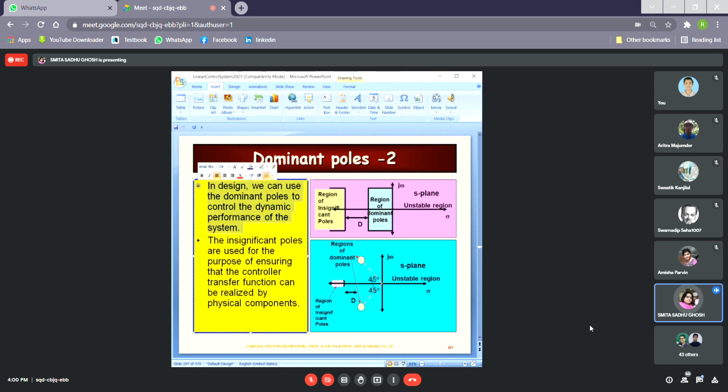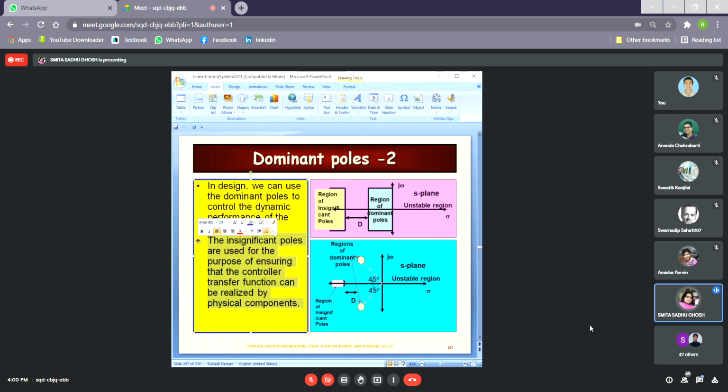Now, in design, we can use the dominant poles to control the dynamic performance of the system, because the dominant poles are what dictate how the response is going to be. Now, why do we require the insignificant poles? The insignificant poles are used for ensuring that the controller transfer function is realizable. It can be realized by using physical components. So everything is not mathematical in nature.